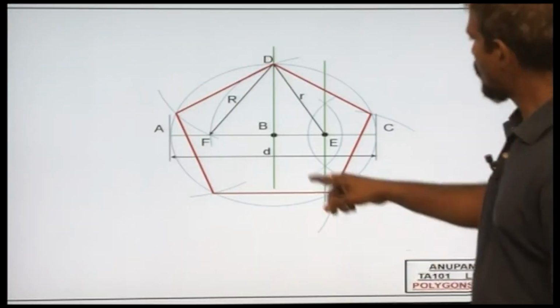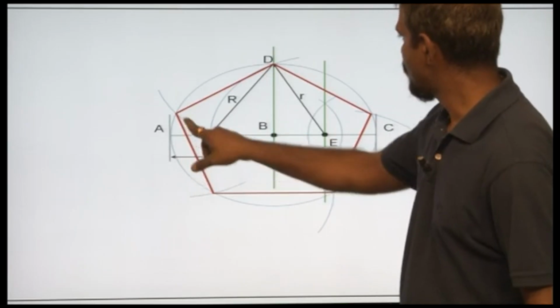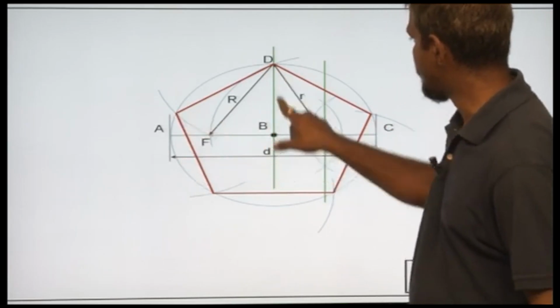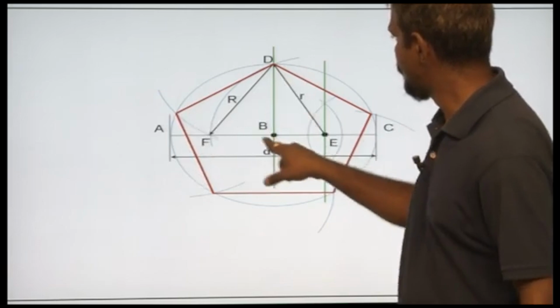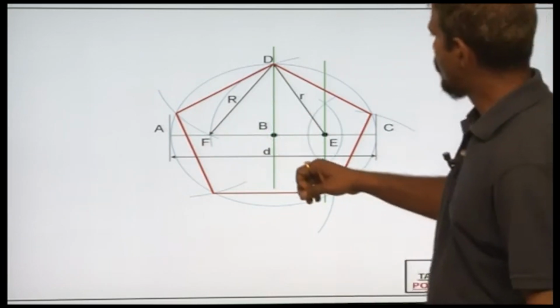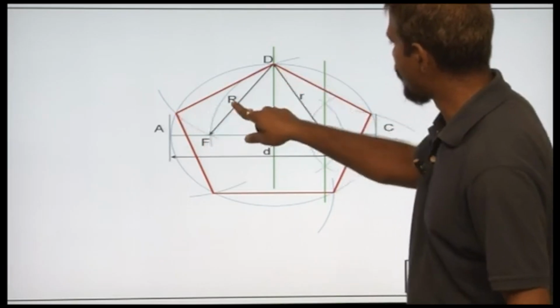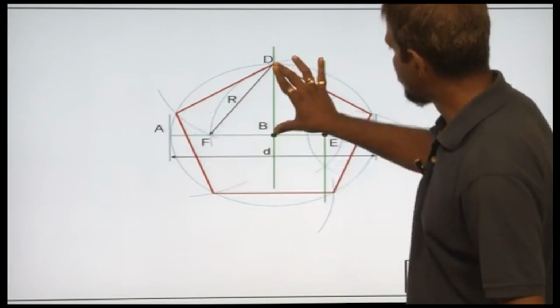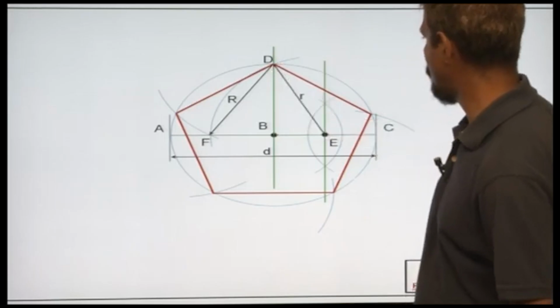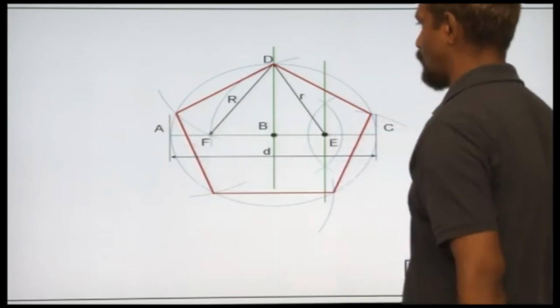Now focus on the triangle. Well, let's call this point M, MBD. Now this distance MD is the same as capital R. This distance is d over 2, the radius of the circle, and this distance is again d over 2, the radius of the circle.